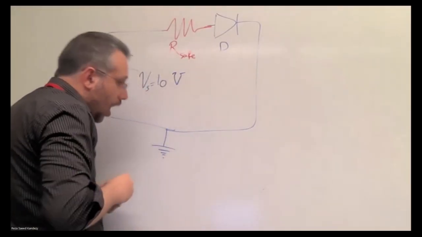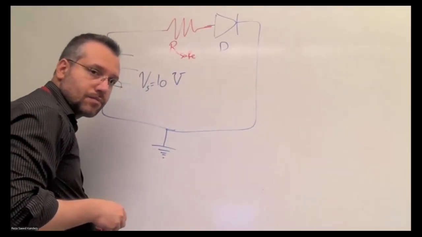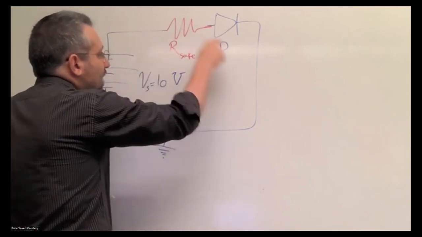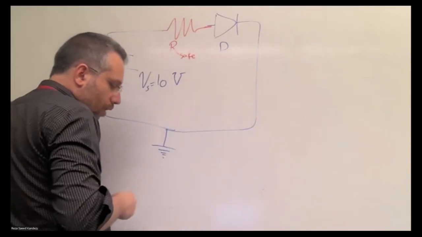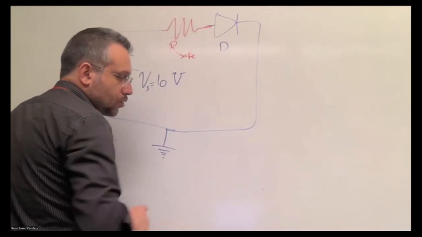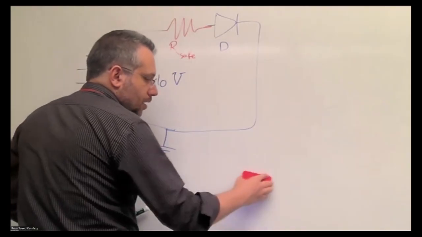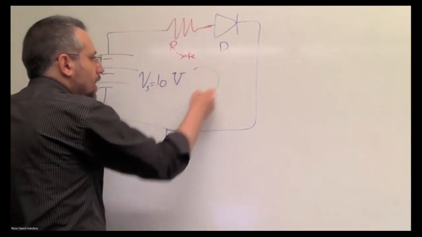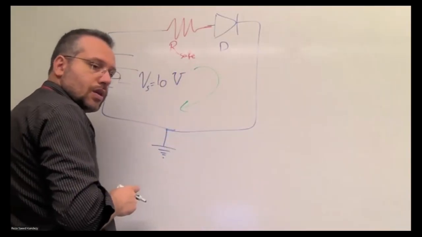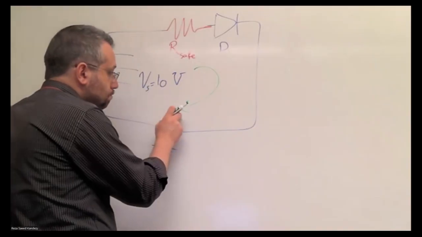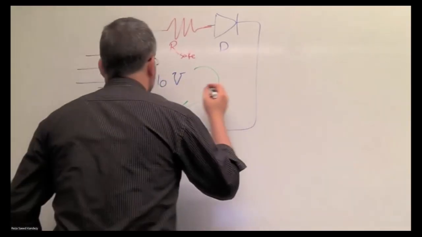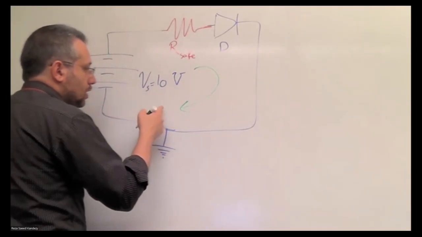Now, how could we calculate that? Let's go through that. We have a circuit, and we know one of the fundamental tools in circuit analysis is KVL. So let's run a KVL through this circuit. By the way, this is the way you can run KVL.